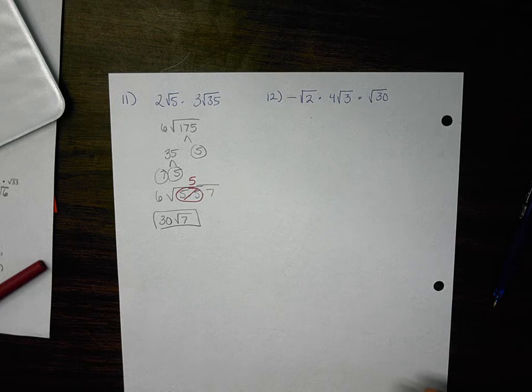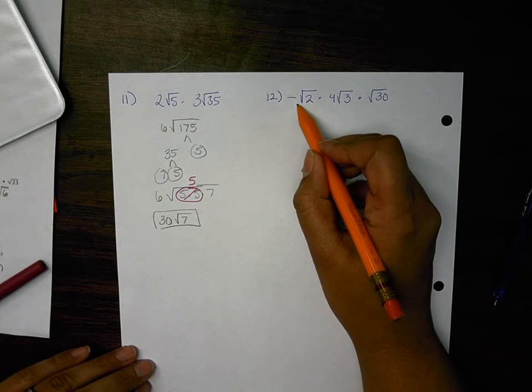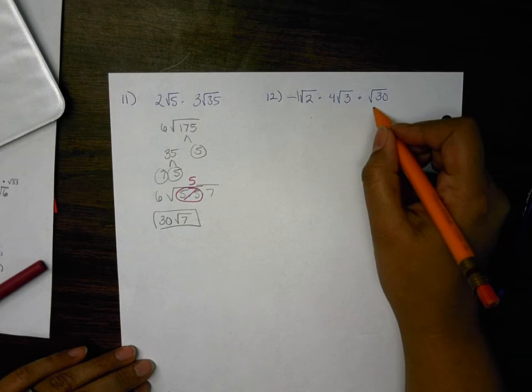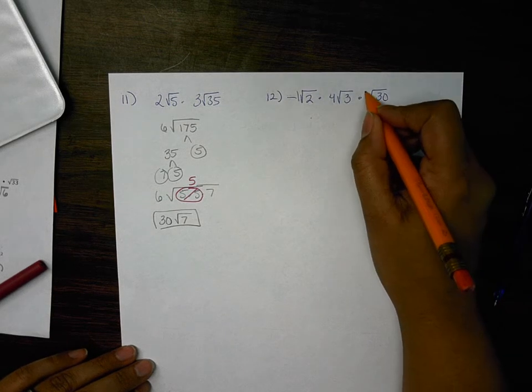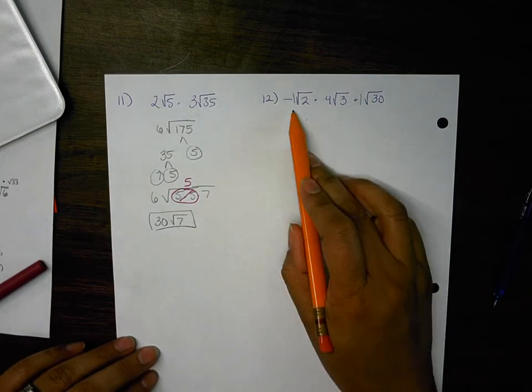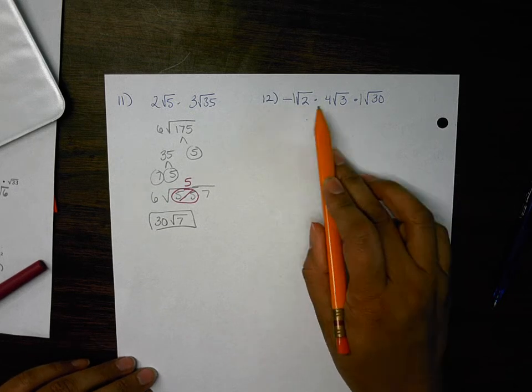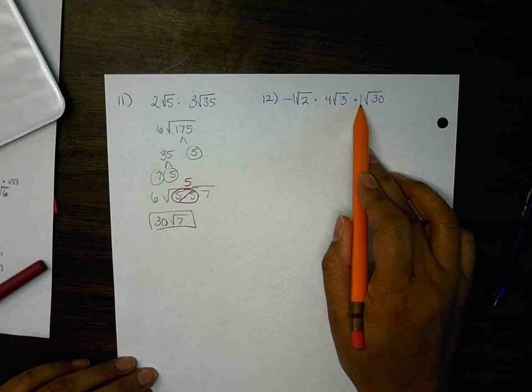What's here in the front besides the negative sign? A negative what? 1. What's the coefficient here that I don't see? Positive 1. So you have negative 1 times 4 times 1. Can you do that right now? What is that? Negative 4.